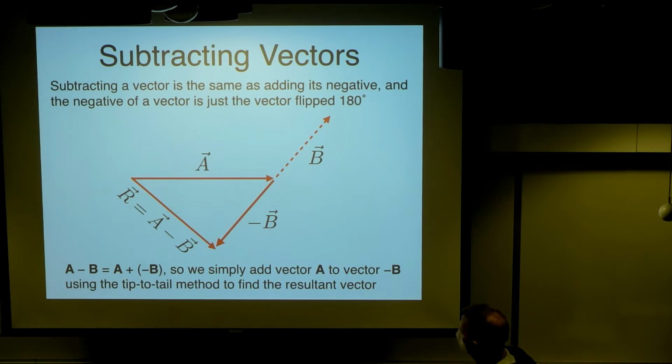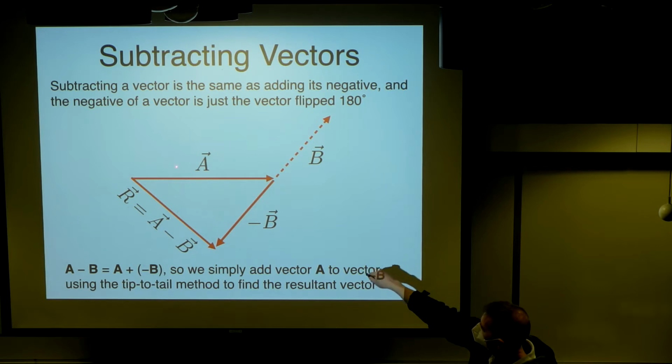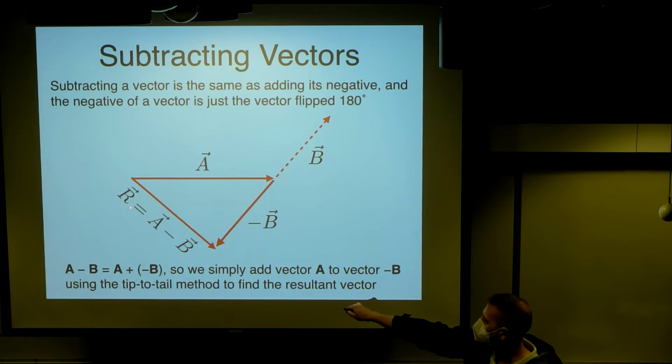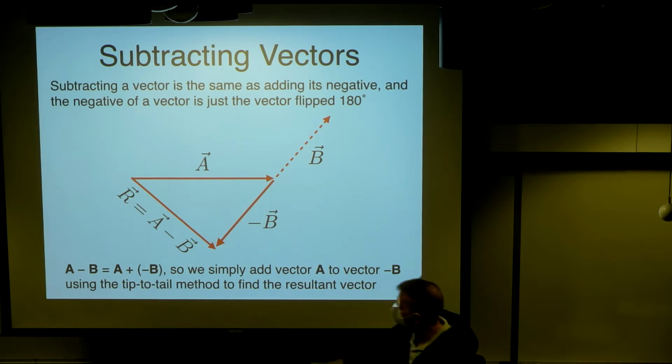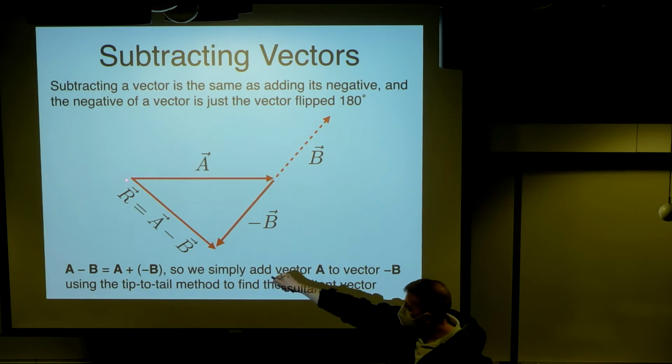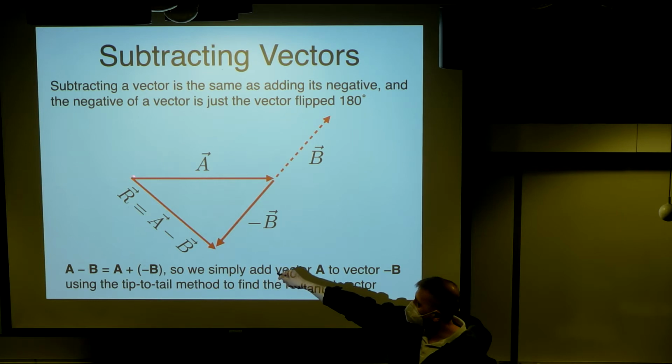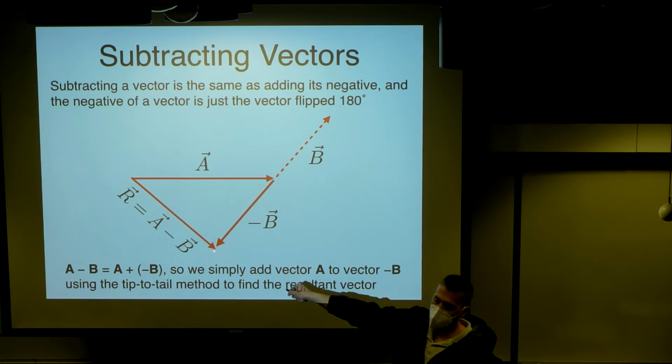So thinking about it this way, I'll take vector A, and I'll draw it first, and then I'll take vector minus B. So this is not vector B, this is minus B because it's flipped around, okay? And by adding A to minus B, I've done the subtraction that I'm trying to do, okay? So the resultant vector, as always, the vector we end up with after we do this operation, it starts at the beginning of the first vector, and then it ends at the end of the last vector.